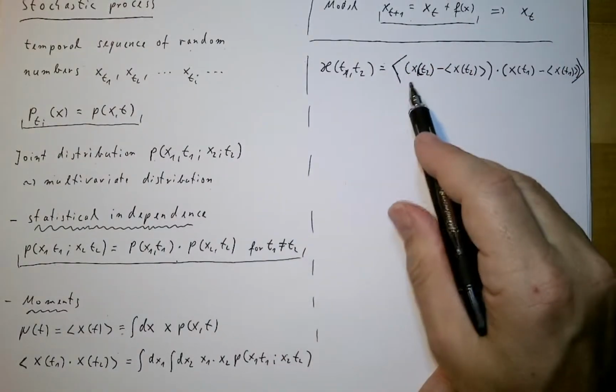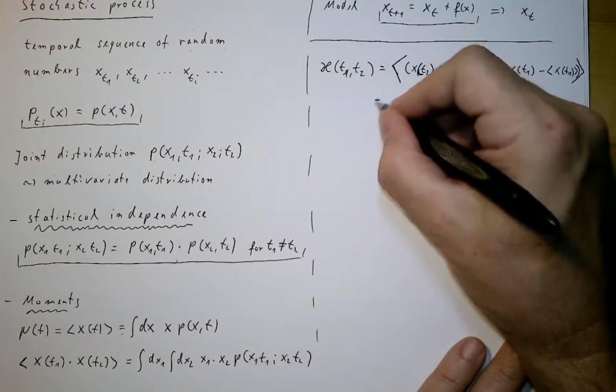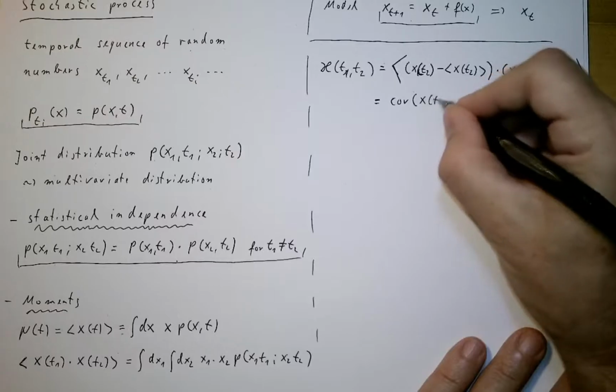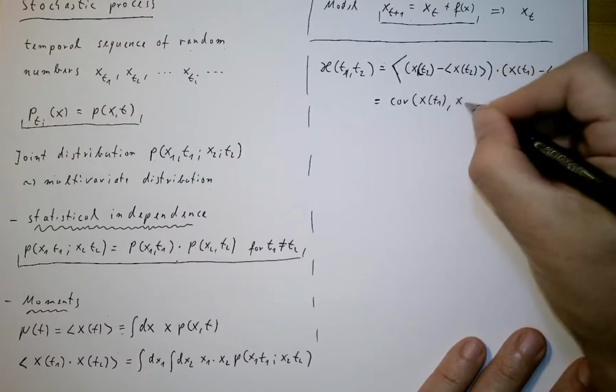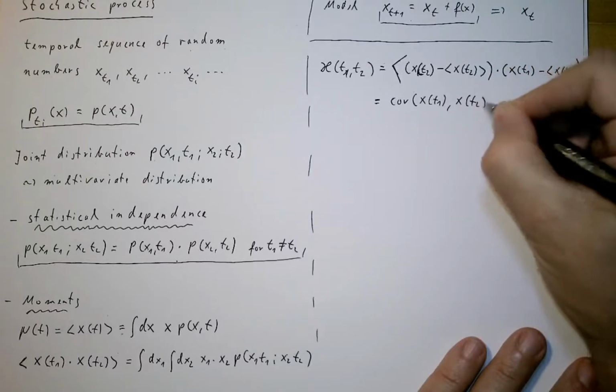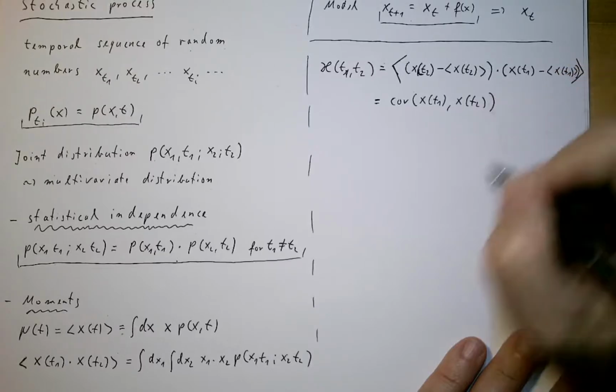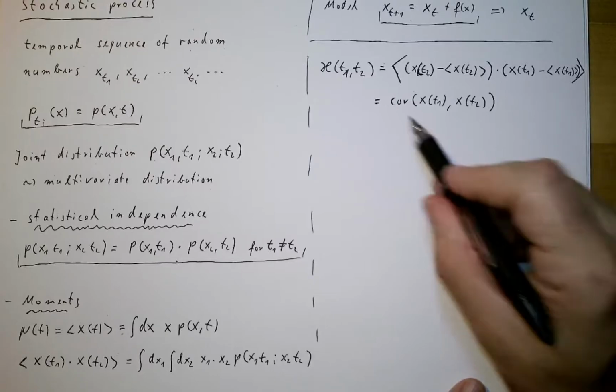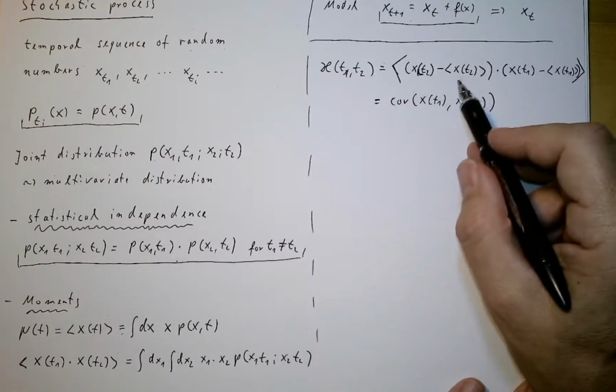So that's just the covariance of x at t1 and x at time t2, the covariance of our random variables at different time instances.